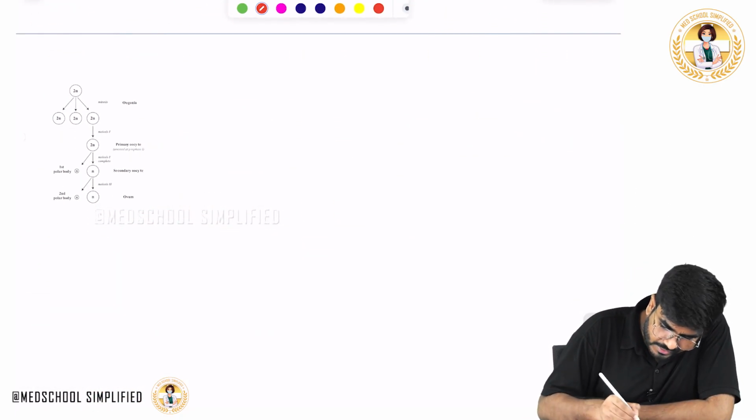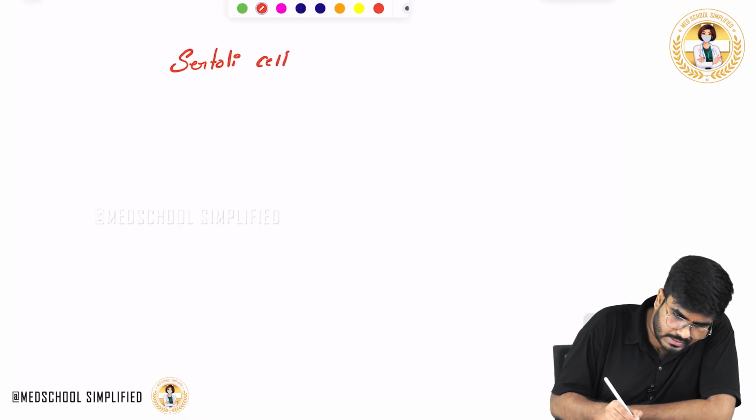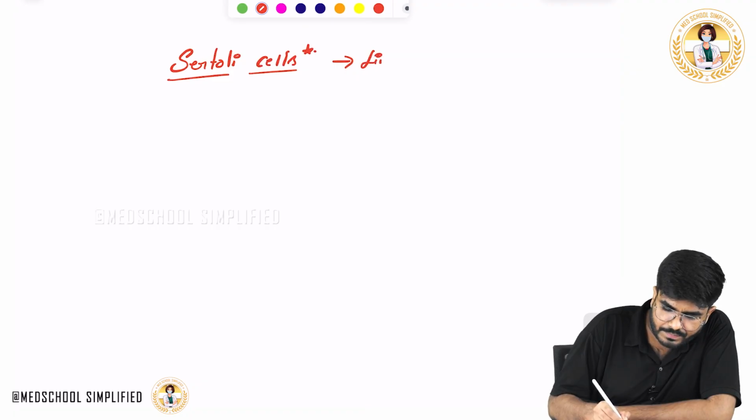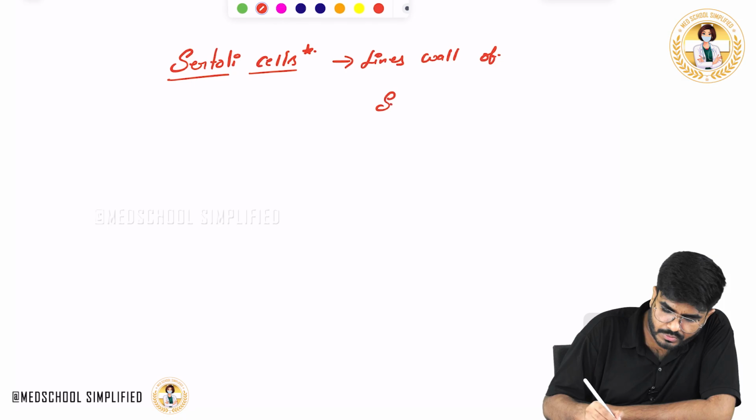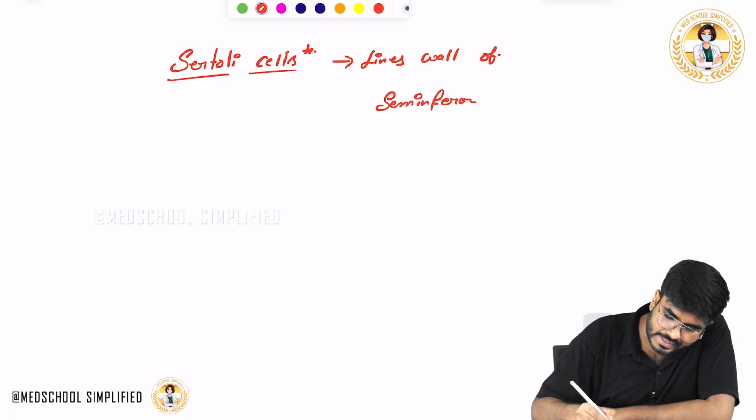Let me write here one by one. Sertoli cells line the wall of the seminiferous tubule. They are inside the lumen of the seminiferous tubule.